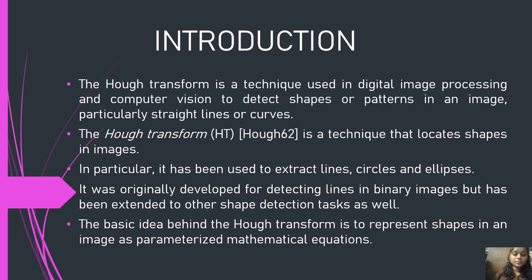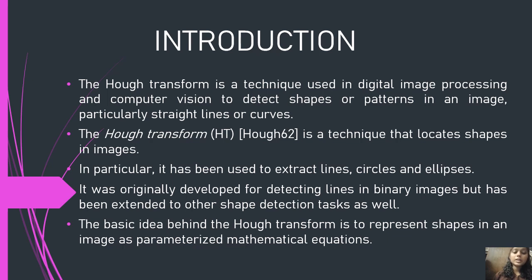Introduction. The Hough Transform is a technique which is used in digital image processing and computer vision to detect shapes or patterns in an image, particularly straight lines or curves. The Hough transform is a technique that locates shapes in images. In particular, it has been used to extract lines, circles, and ellipses.